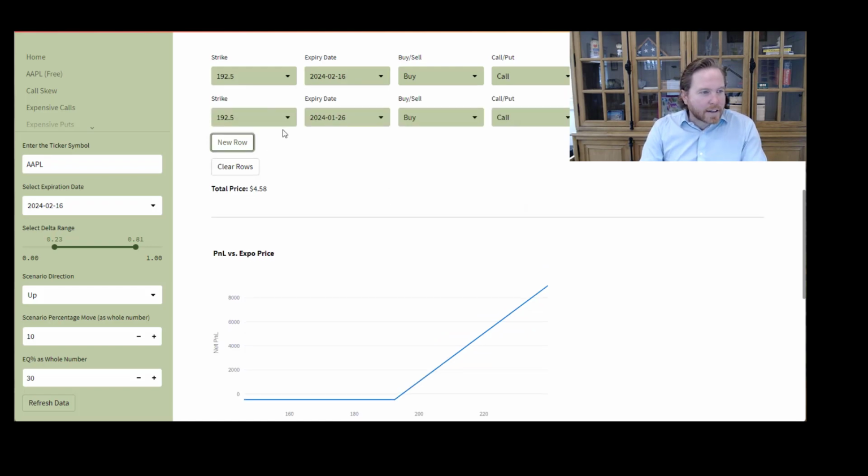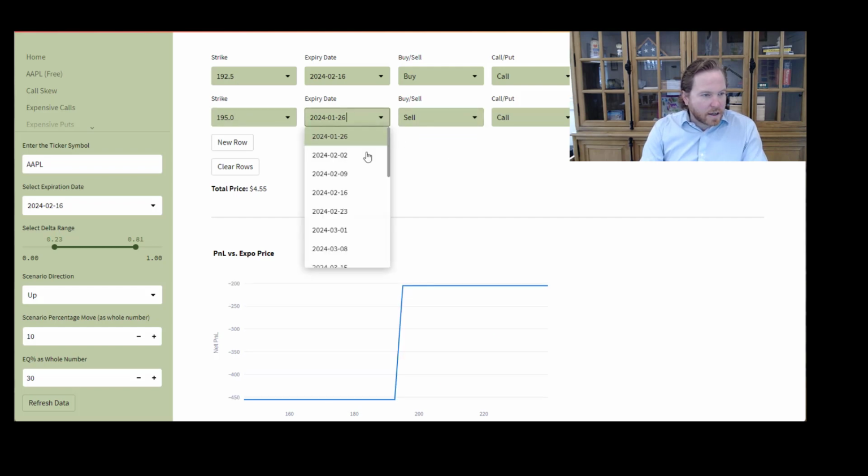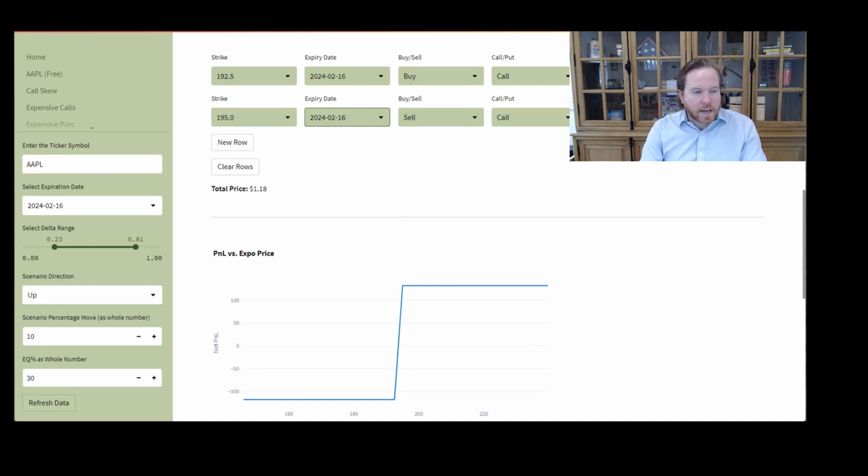We can start adding new spreads here though, and we can see what maybe a call spread would look like. So we want to do a tight little call spread, 192, 195, but on the upper leg, I'm going to be selling. I want to make sure my expiration dates are the same. So I'm going to sell that call for $3.37. Now, the most I can make is the difference between the strikes minus the amount I paid.